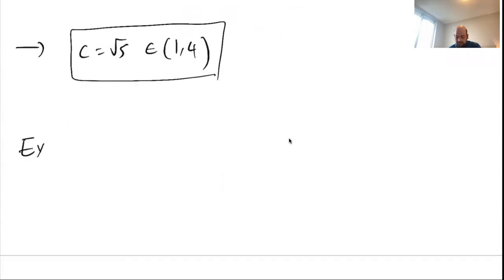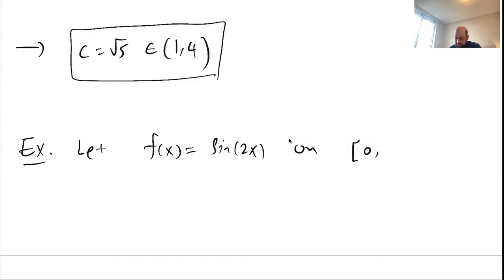Okay, another example, let f of x equals sine 2x. Let's say on the interval 0 to, let's say, 3 pi over 4. And let m equals minus 1/2.